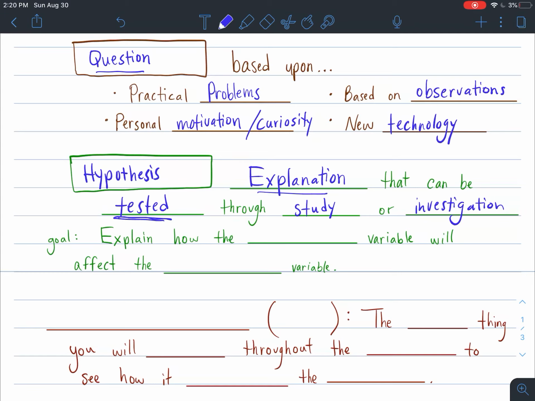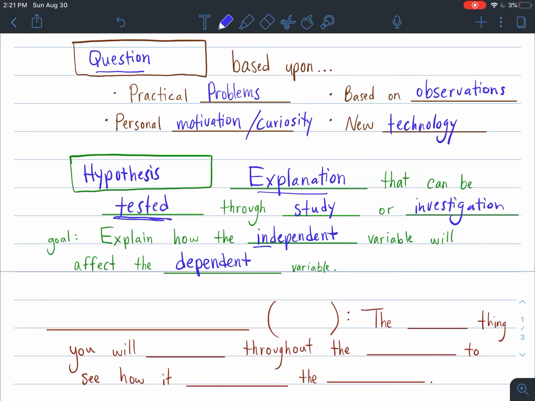Now the goal here is to explain how one variable will affect another variable, like, for example, the happiness of the duck. How is that going to be affected by the type of food we give it? So there are two types of variables in a science experiment. And what we really look at in the hypothesis is how the independent variable will affect the dependent variable.